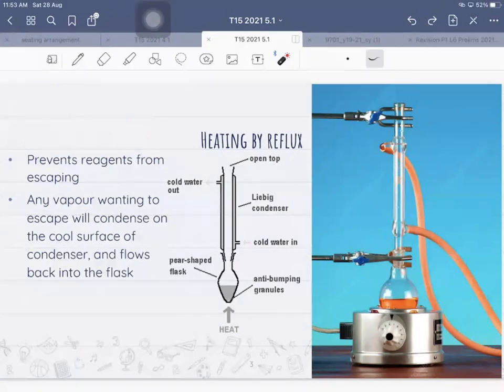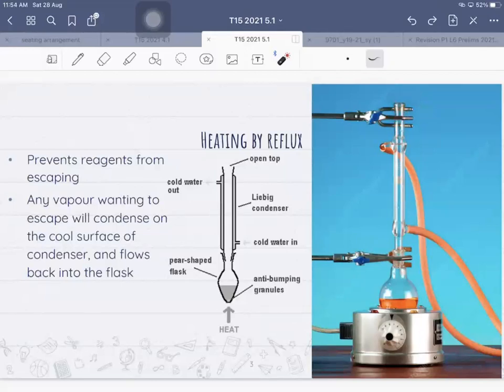Here, your Liebig condenser is positioned in an upright position, arranged vertically. Now, why do we do this? There's also an opening here, so this setup is not fully sealed. Air can come in, air can come out.